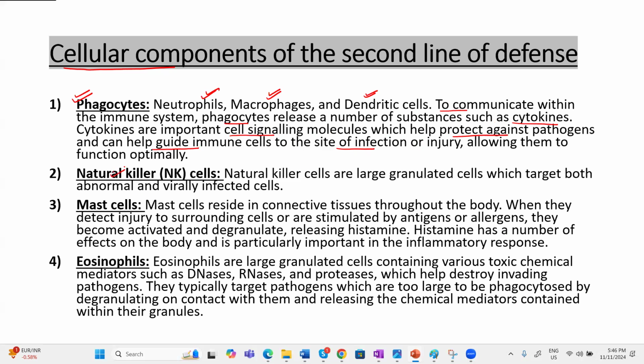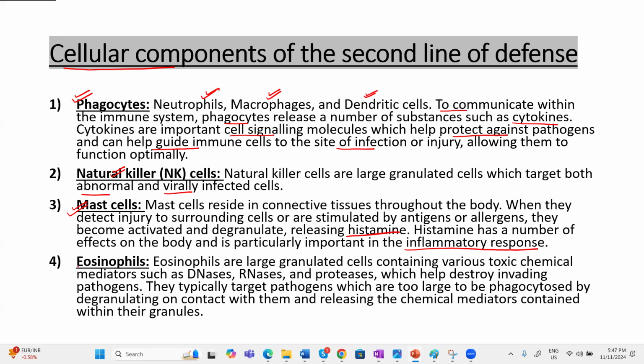Next important component is the natural killer cell. They will target abnormal cells and virus infected cells. Then is the mast cell. The mast cell will release histamine, which is actually a vasodilator, and it plays a very important role in the inflammatory response.